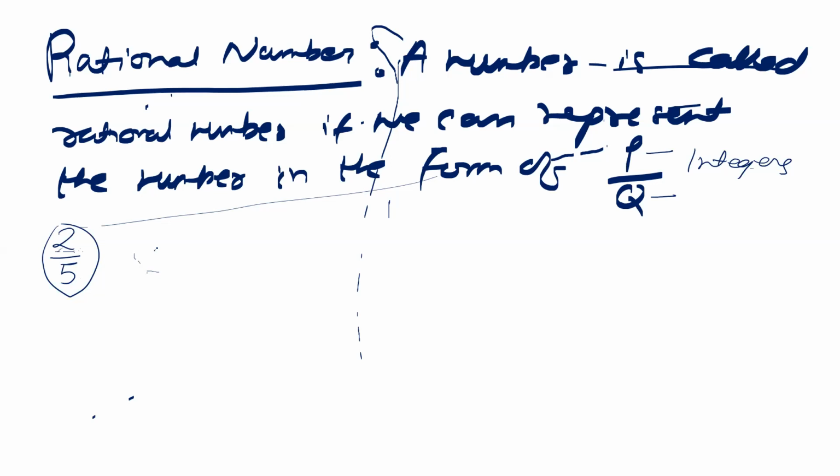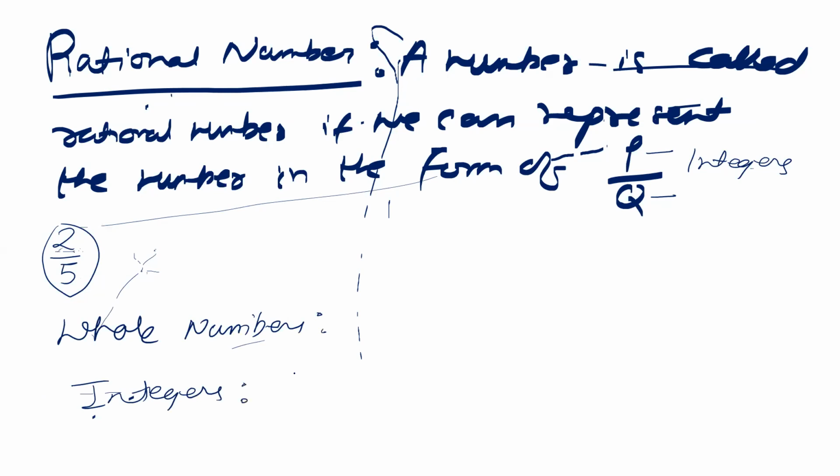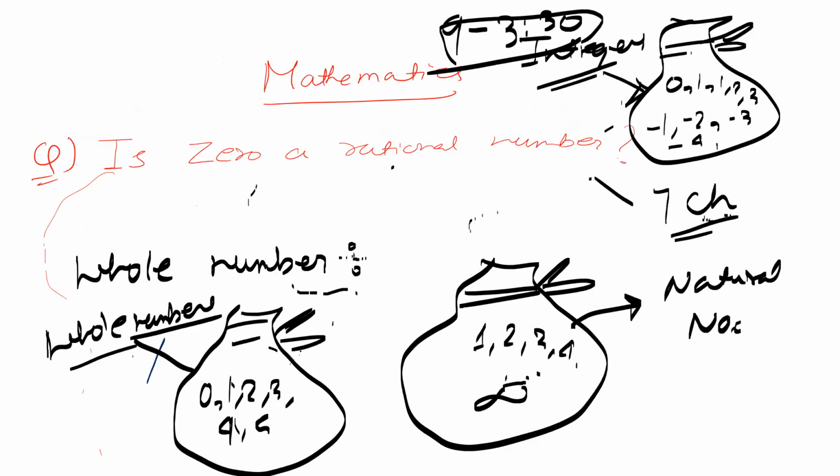All right. So to understand rational numbers, you first need to know about whole numbers and integers. These are the basic things you need to know. Yesterday we took 3 bags.